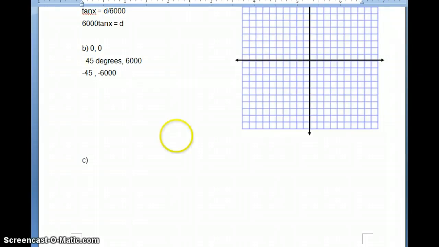So for C, the asymptotes are at x equal to 90 degrees and x equal to negative 90 degrees.